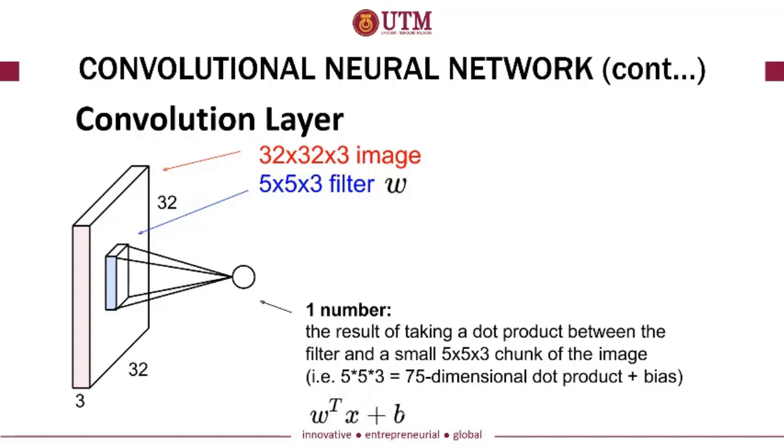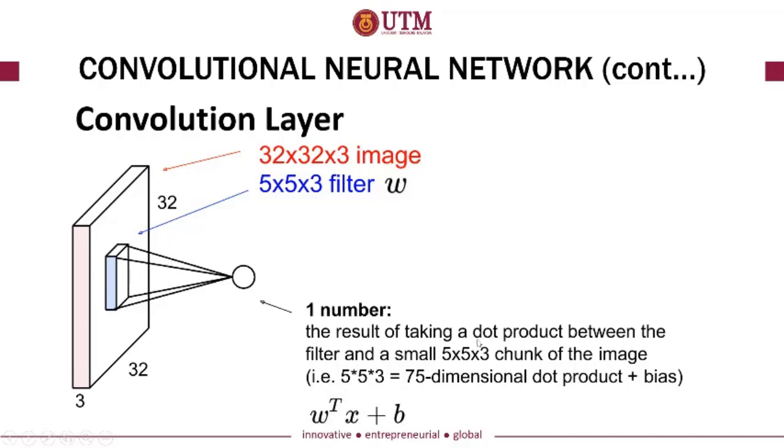So you can see that to get this one number, the result is the dot product between this filter and a small 5 times 5 times 3 chunk of image. Because this is 5 times 5 times 3, you have a 75-dimensional dot product plus bias. Don't forget, this is not a two-dimensional convolution, it's 3D.